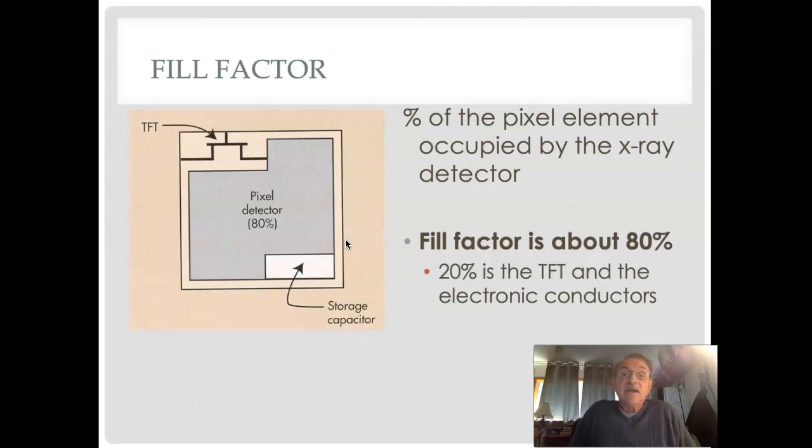And so if I have a large light capture area in relationship to the storage capacitor and the thin film transistor, which are also a part of the pixel, if the detector portion represents 80% and the storage capacitor and the thin film transistor represent 20%, then I have a fill factor of 80%.